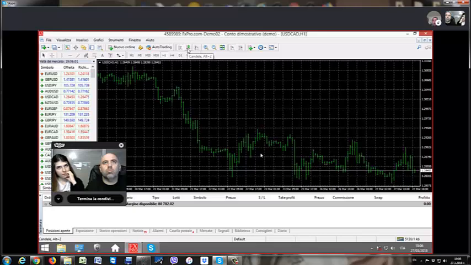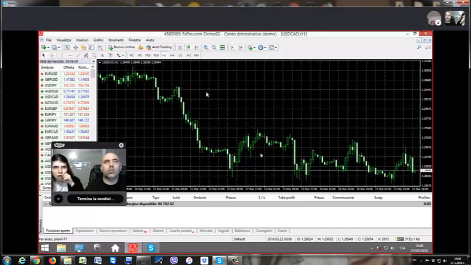Then I click on Japanese candle, ready to go. I click twice on the zoom and I put the Japanese candle, and I'm ready to control immediately what the trading range is on dollar Canadian, for example.